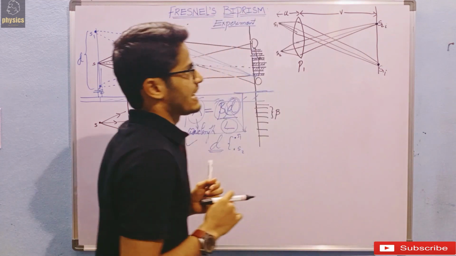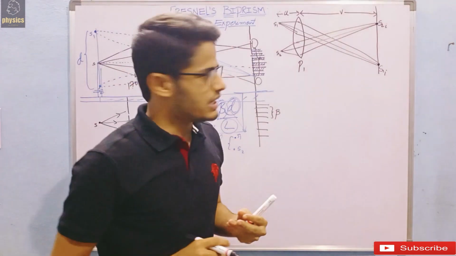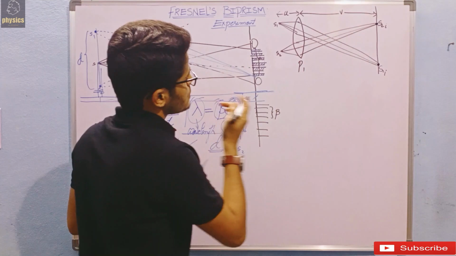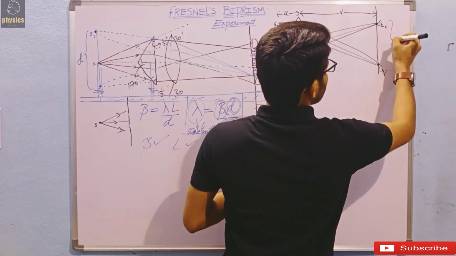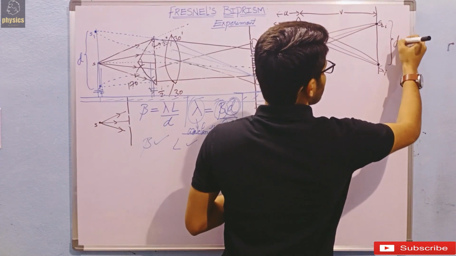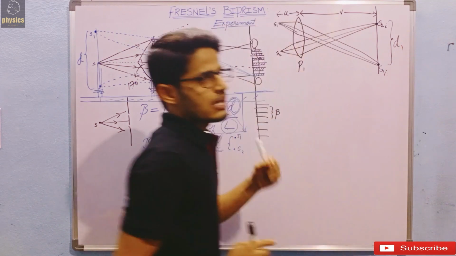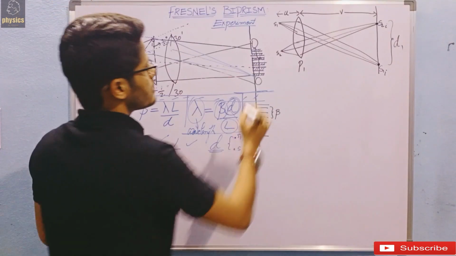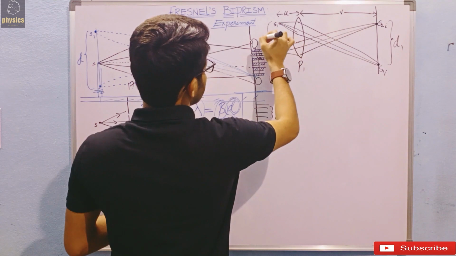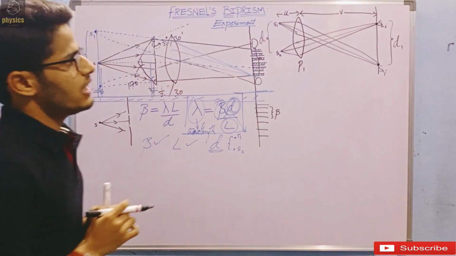We have studied that in intermediate. Okay, so with the help of the movable microscope, I'll be finding this distance and I'll call it D1, and this is my D distance.